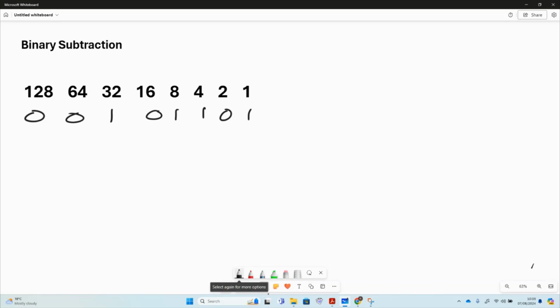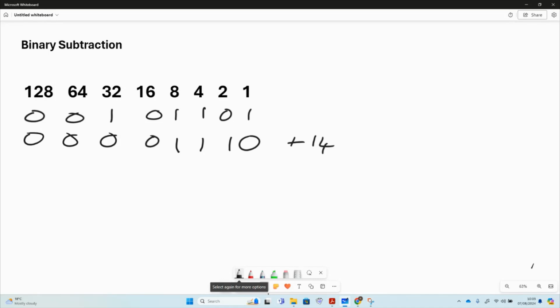And let's say that we want to take away 14 this time. So representing 14 is this, 8, 4, 2, yeah, that's 14. So that's our positive 14.